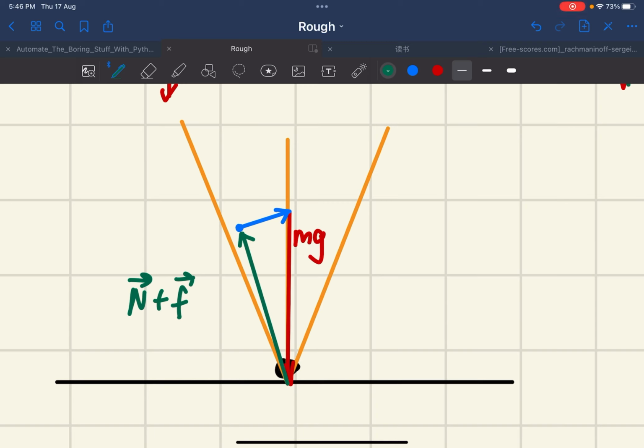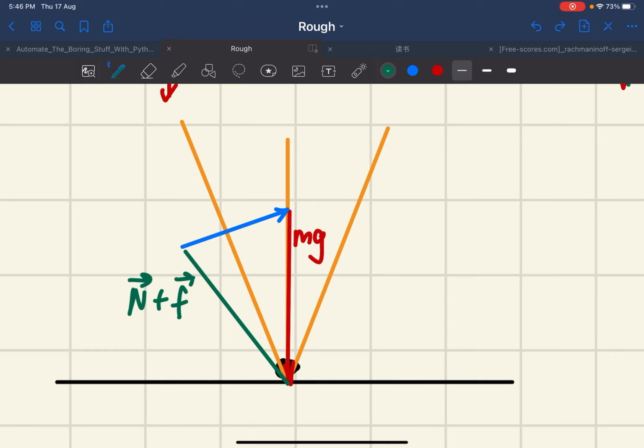And since this green vector is inside the region, this is a physical possibility. What if our blue vector is outside this region? Our green vector will be outside this region, but that is not physically possible. Our angle of deviation cannot be more than arctan mu.